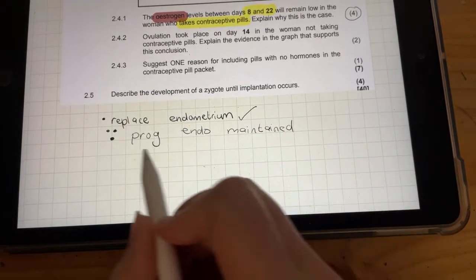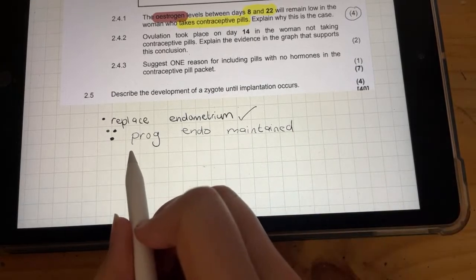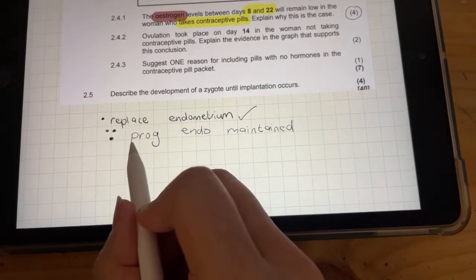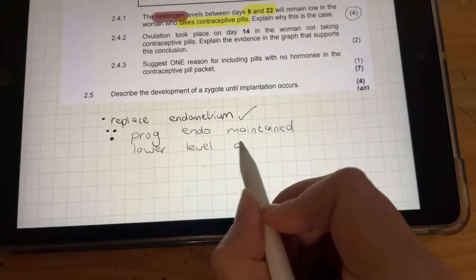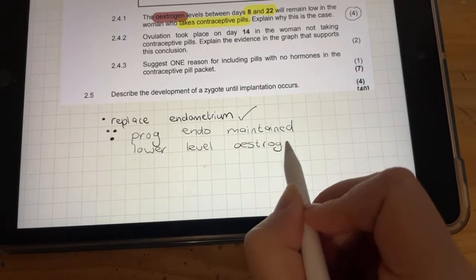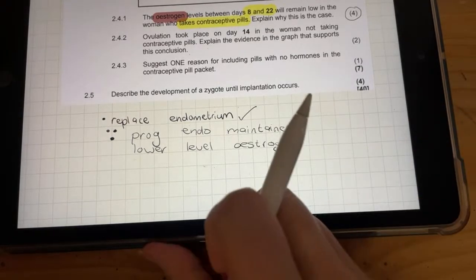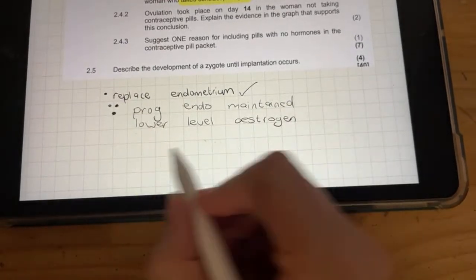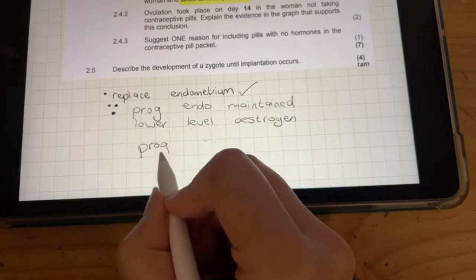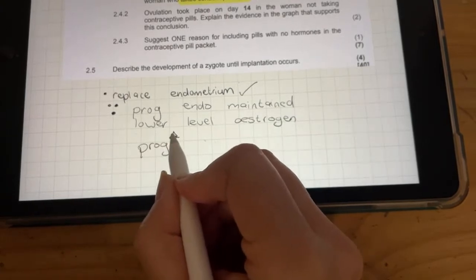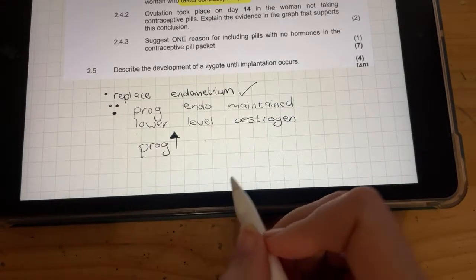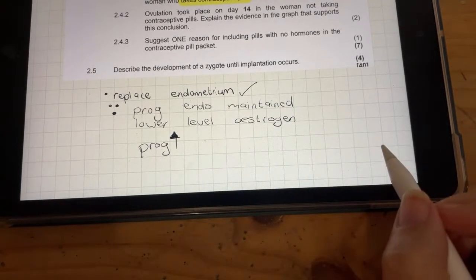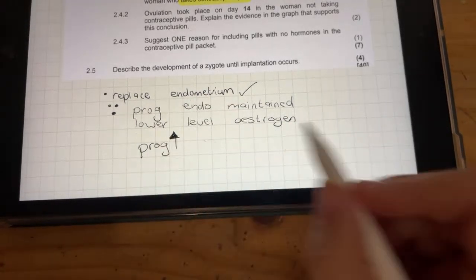And if there are high levels of progesterone, there will be lower levels of estrogen. Why, you say? Because if progesterone is high, then you won't be making another follicle. And if you won't be making another follicle, you won't be making estrogen.